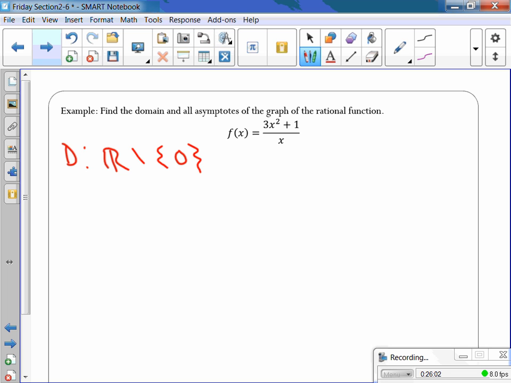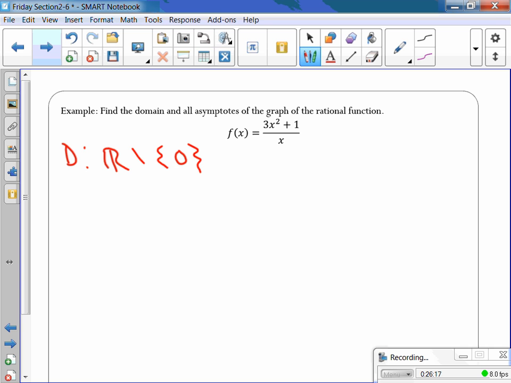Can I factor 3x squared plus 1? No. So that's just 3x squared plus 1 over x, so no common factor, so we don't have to worry about excluding anything else as far as our horizontal and vertical asymptotes.